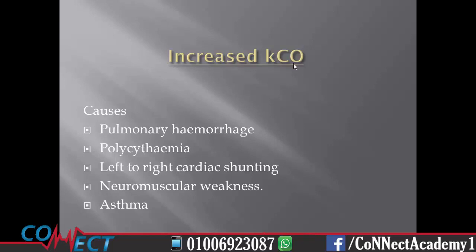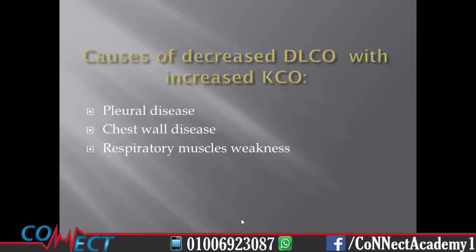So when we correct the diffusion capacity with the diffusion coefficient, it will increase the value of the diffusion in relation to the alveolar volume. If not corrected, the condition is pulmonary fibrosis, pulmonary restrictive pattern. If corrected, this is an extrapulmonary restrictive pattern.